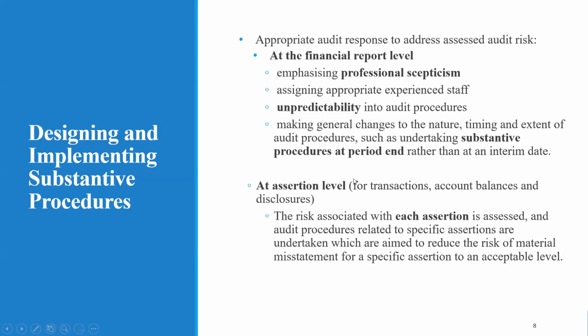And also at the assertion level. At the assertion level, that means the audit test on accounts and on assertions, as we discussed previously. Some accounts, some assertions are always your focus. You should always do some tests on them.